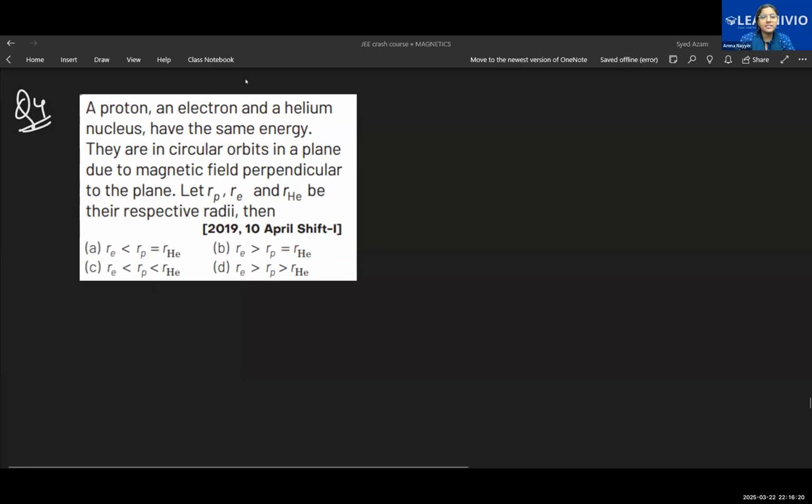See, this question says a proton, an electron, and a helium nucleus have the same energy. So this time energy is constant. They are in circular orbits in a plane due to a magnetic field perpendicular to the plane. Radii are given, and then we have to compare the radius. Which formula should we use?